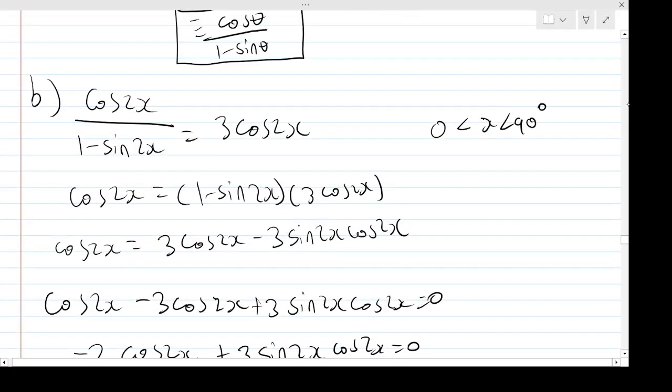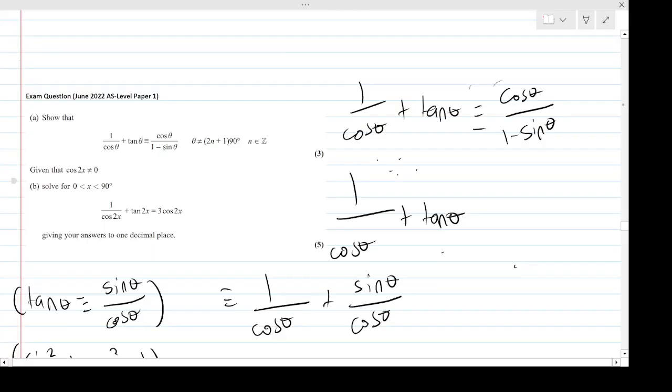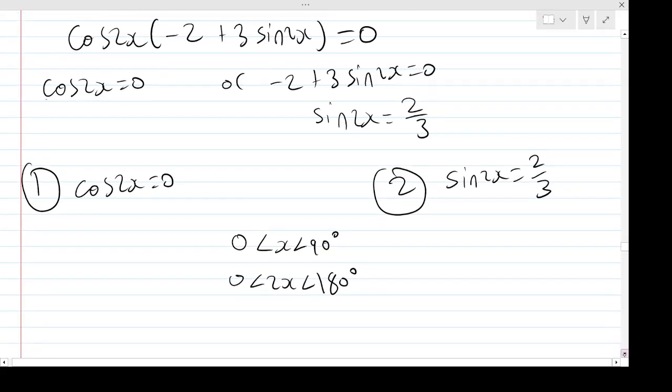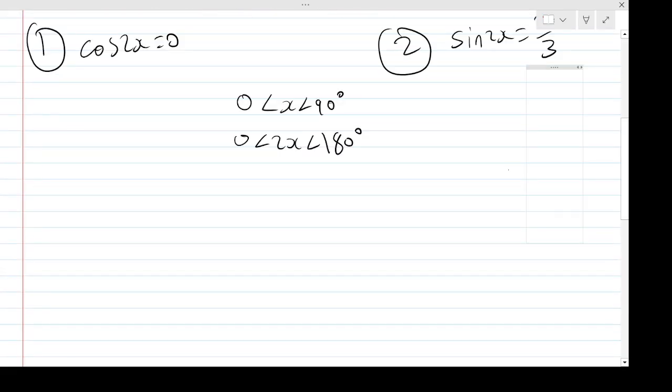The question told me up here that that's our interval for x. We need to adjust for that, don't we, because we have a 2x in our angles here, not x. So if we just double everything, we get 0 to 180 for 2x. Okay, so we've got our interval.